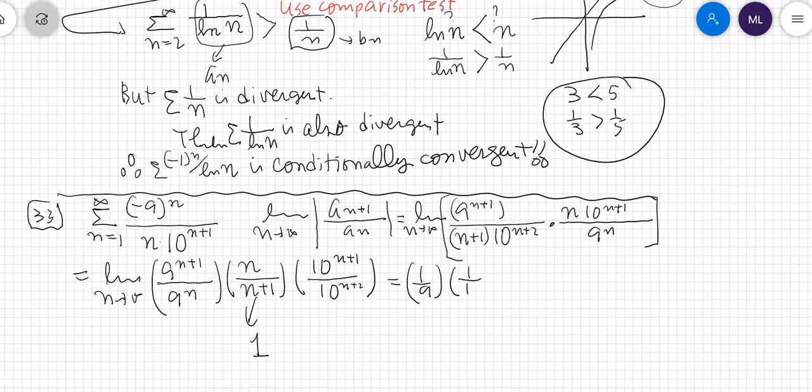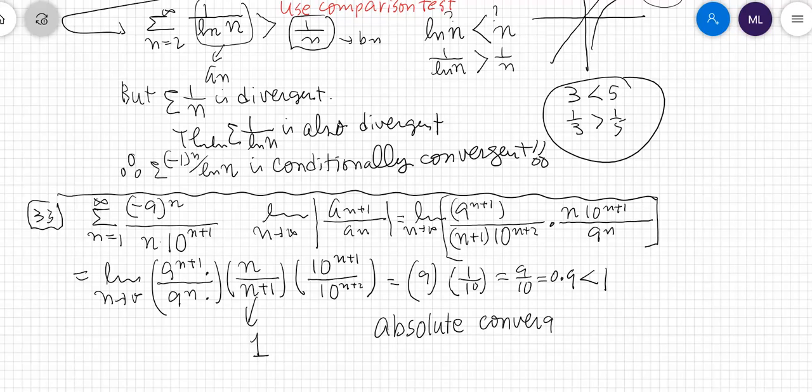Oh, this is not 1 over 9. This is 9, okay? Because, look at this. This is 9, and then 1 over 10, which is 9 over 10, which is 0.9, which is less than 1. So, absolute convergence, okay?